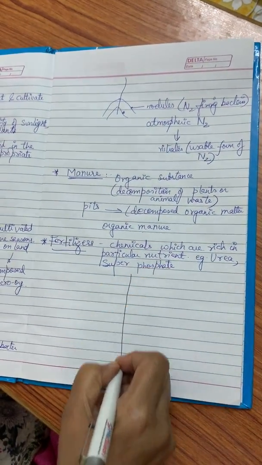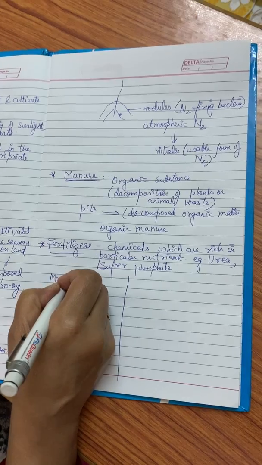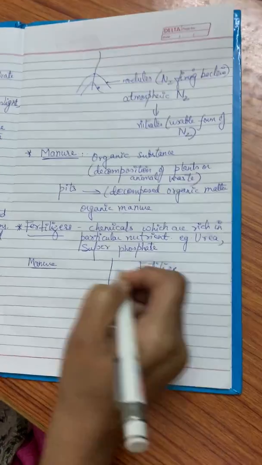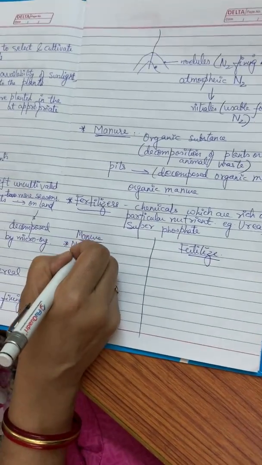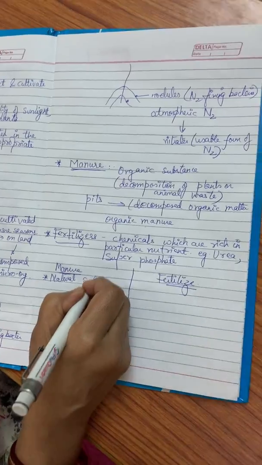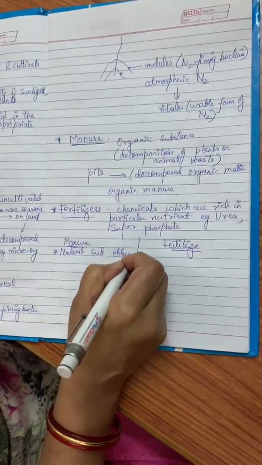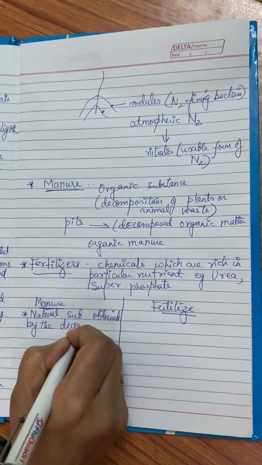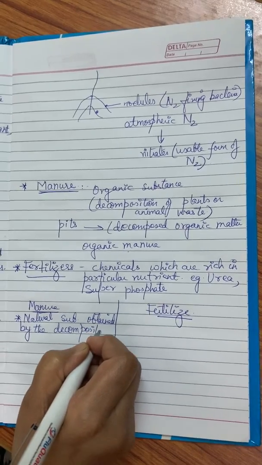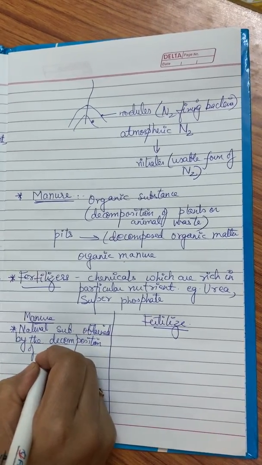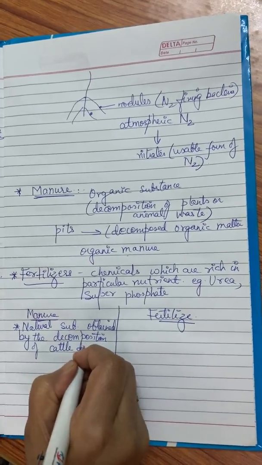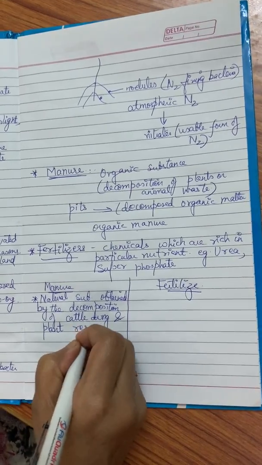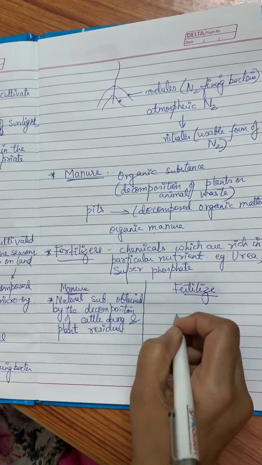The difference between manure and fertilizer: manure is a natural substance obtained by the decomposition of cattle dung and plant residue, that is the waste.